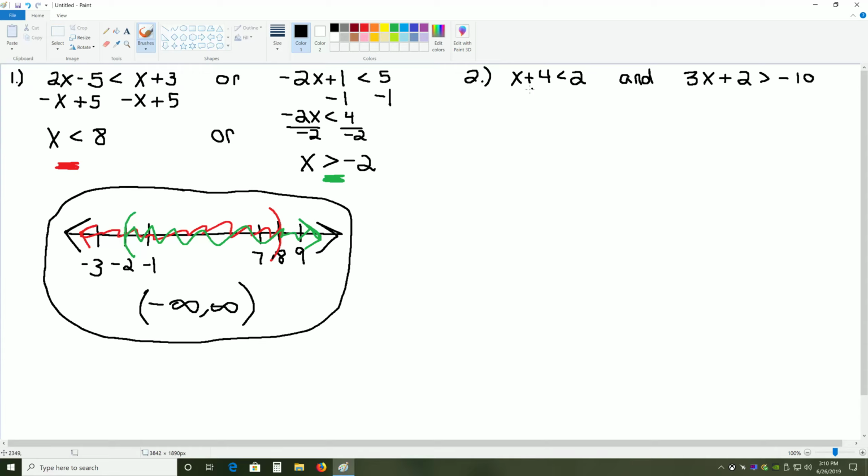On to part 2. The and inequality, remember, like I said at the beginning, means that you have to have both values matching. Meaning when we get to the graphing step, we want only where there is shading from both colors.